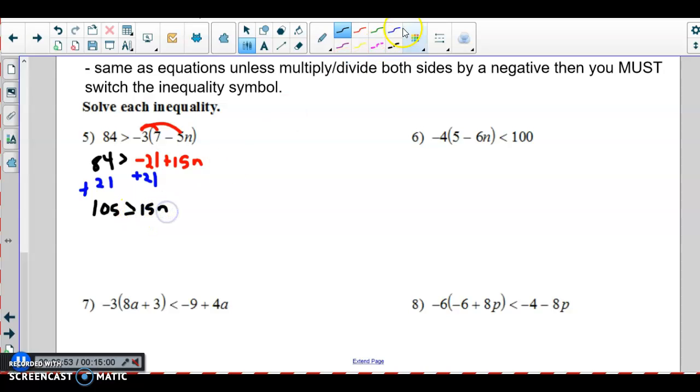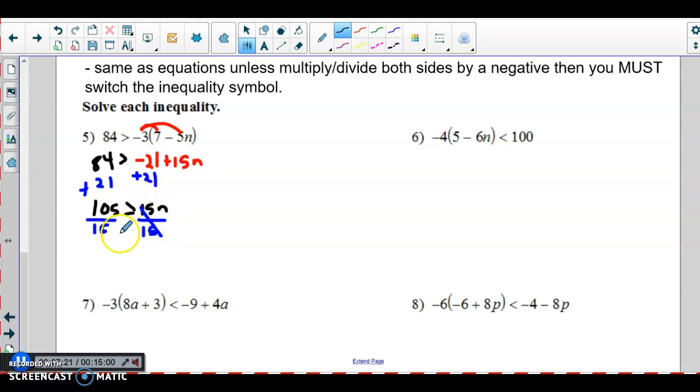And again, still working like we just did with equations. Now if I divide both sides by 15, 15 cancels 15, and if I divide 105 by 15, keep in mind again, the inequality is not flipping here. 15 is a positive. So when I divide by positive 15, nothing changes about that inequality.